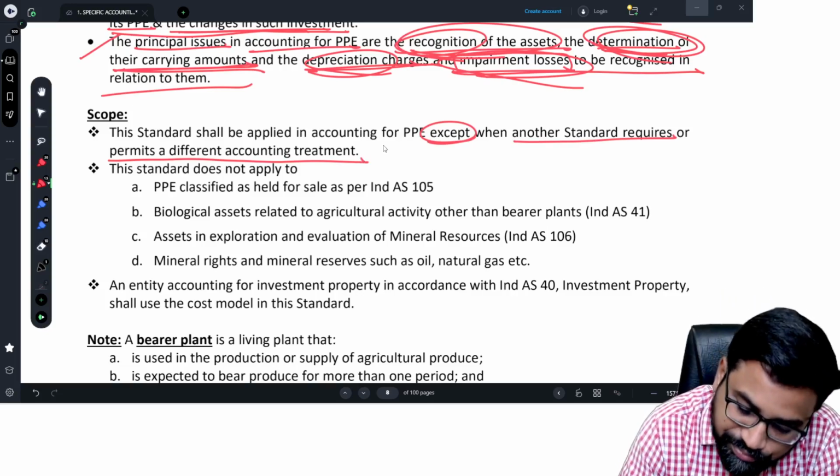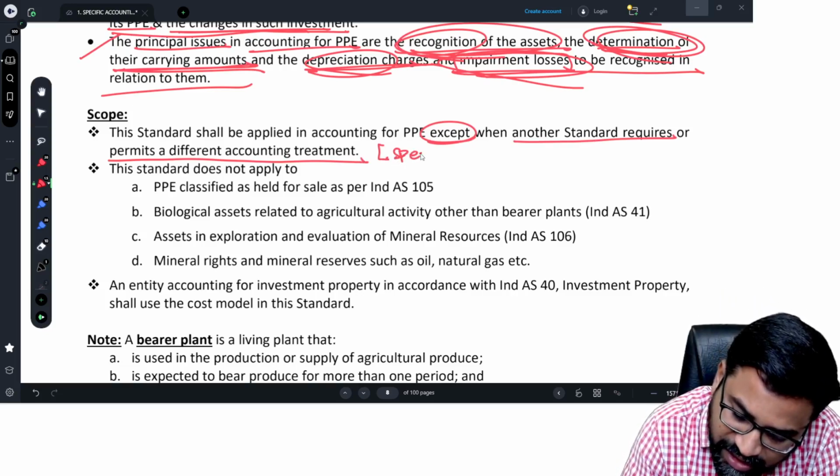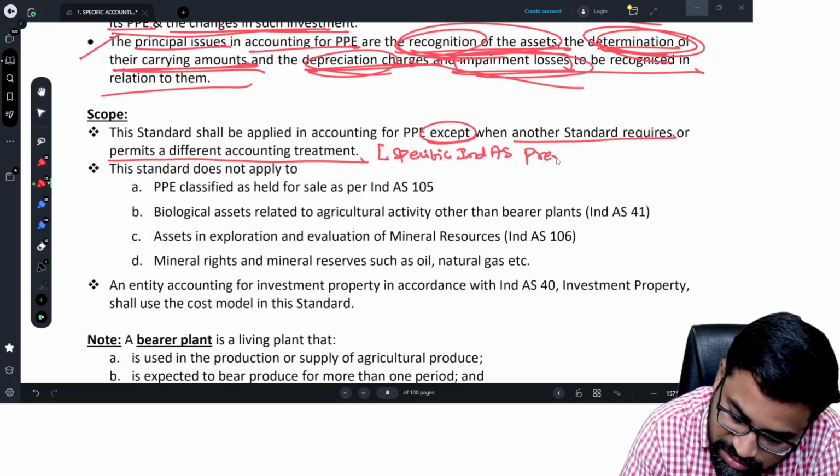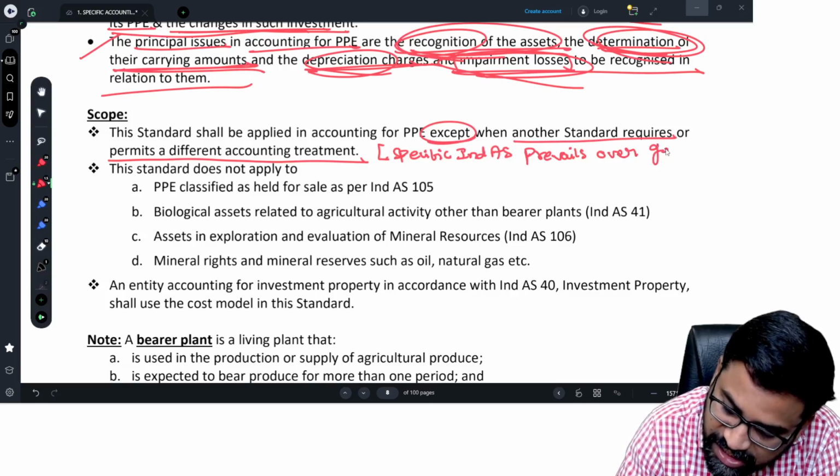That means specific IND AS prevails over general IND AS.